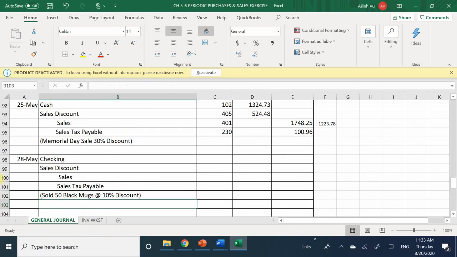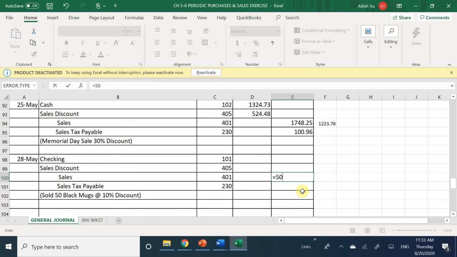Okay, so in this case, my checking is 101. My sales discount was 405. My sales was 401. And my tax was 230. So, by assuming that I am going to charge at full price at $9.99, how much was each cup?